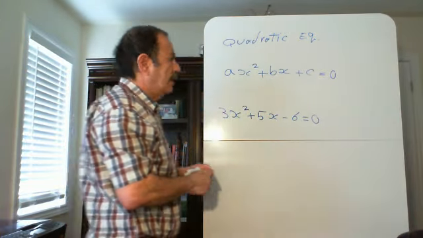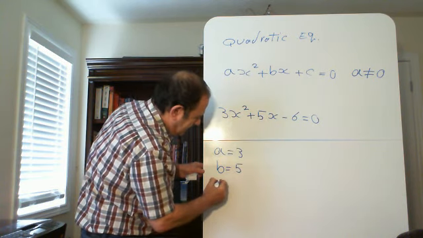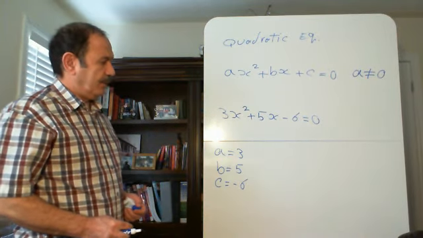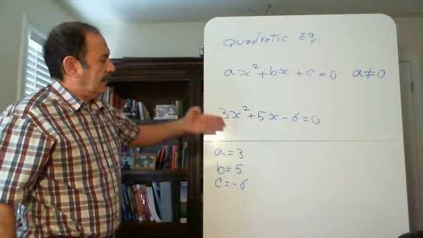Now, if I compare these two equations, a is 3, b is 5, and c is negative 6. Okay. So we can relate this equation with the standard format, and these are the constants.